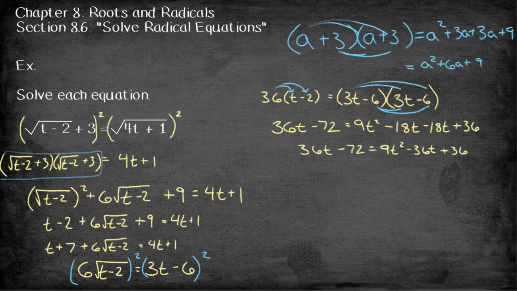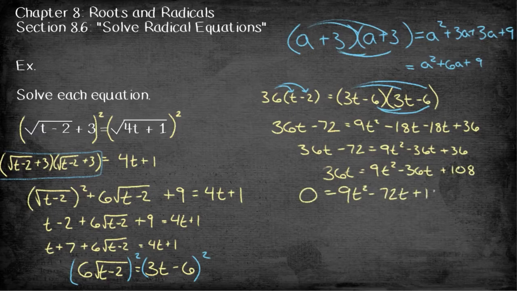Now I need to get all the variables on one side. So let's see, I'll add 72. I'm going to subtract 36t. Okay. I have to solve this creature. Luckily, there's a common factor of 9, which makes our life so much easier.